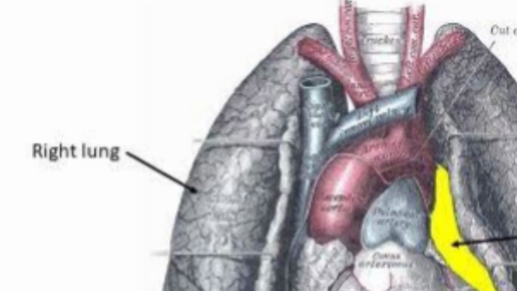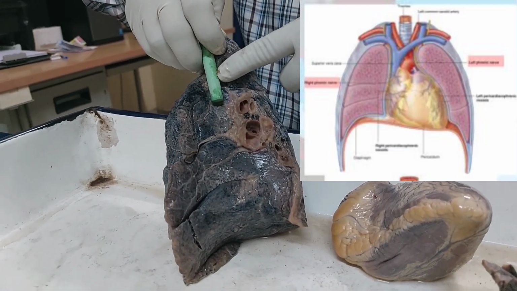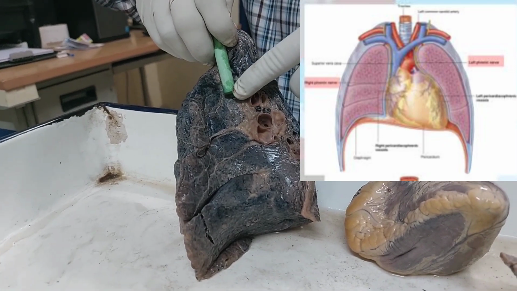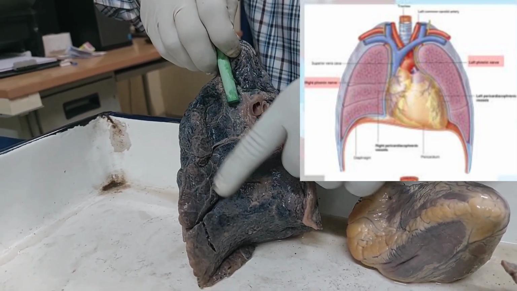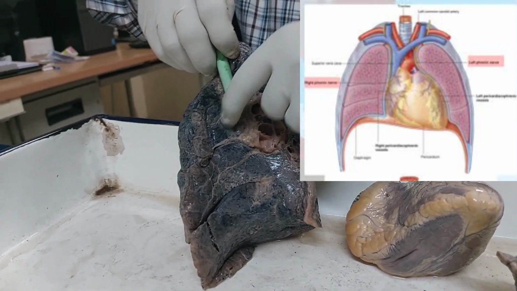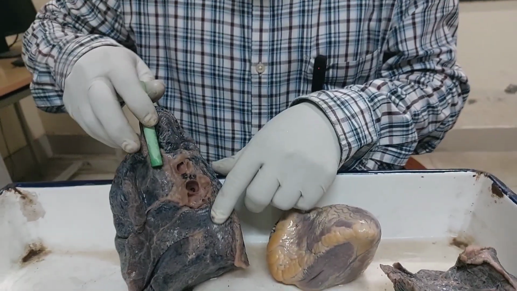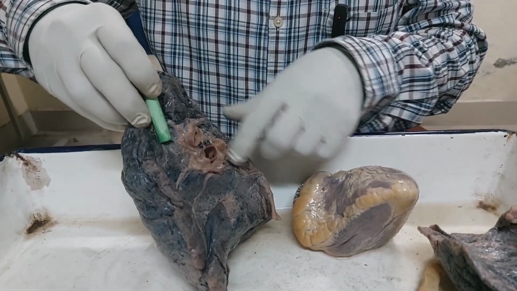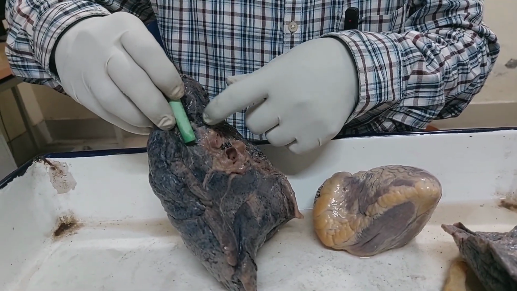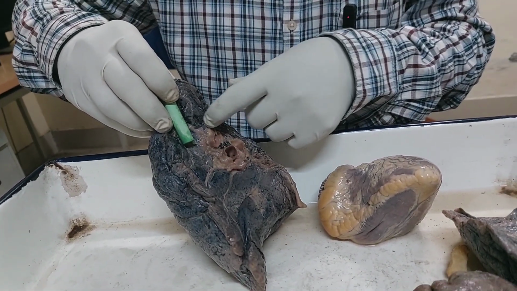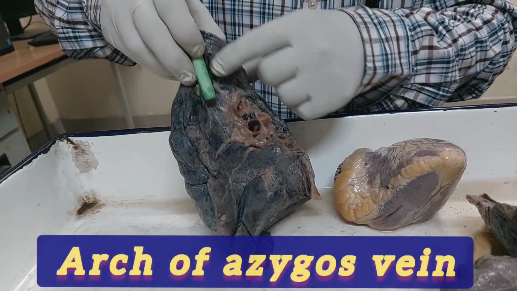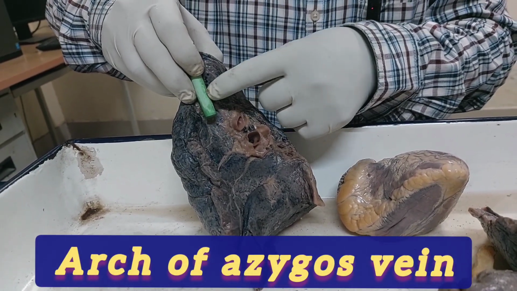It will join the right brachiocephalic vein to form the superior vena cava. Then the vena cava will open into the right atrium of the heart, which is causing an impression on this surface of the lung. And on the superior vena cava, one important vein ends, that is called the azygous vein. So above the hilum, you will get one curved impression called the arch of the azygous vein.